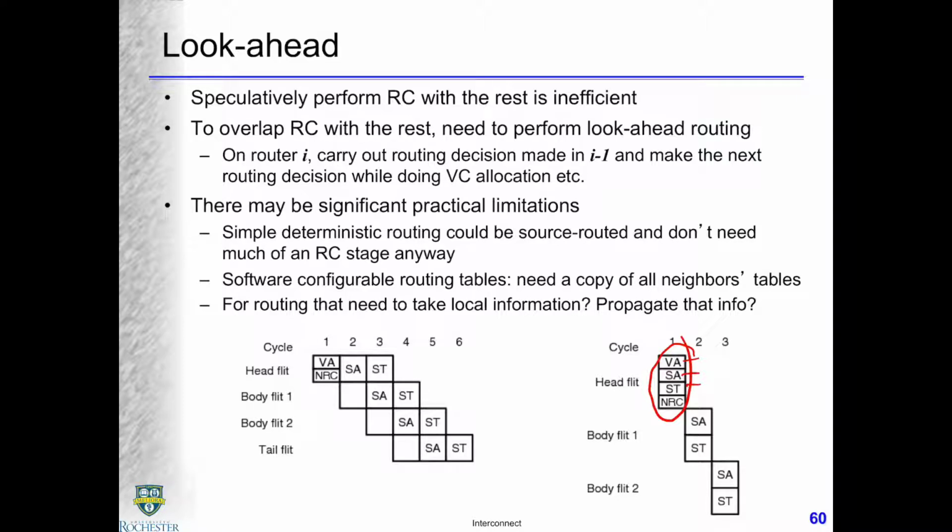So what you're doing is at node I, you are not doing node I's route computation. You're doing node I+1's route computation, which is why it's called next route compute. When you do next route compute, then this is no longer on the critical path for VA and all these other things, okay? Because you're computing what happens on the next route.